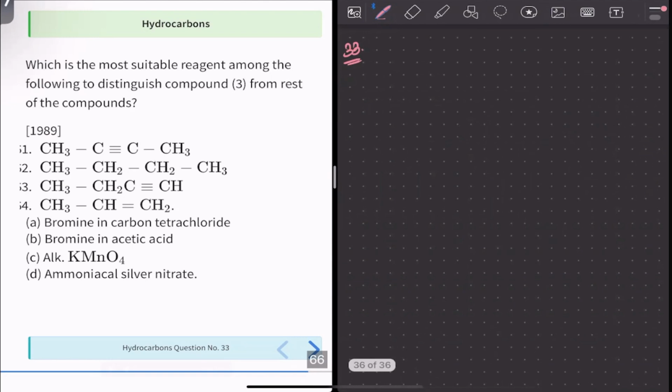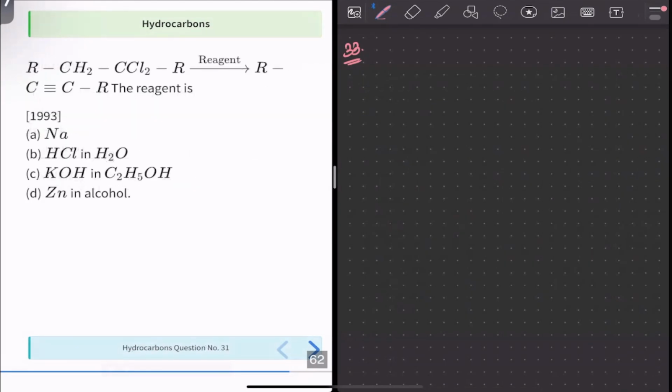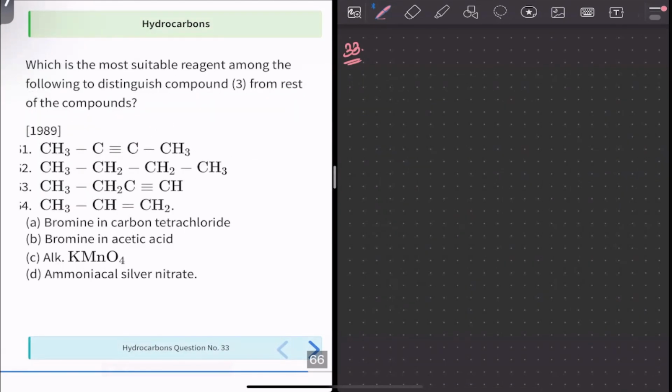Which is the most suitable reagent among the following to distinguish compound 3 from the rest of the compounds?